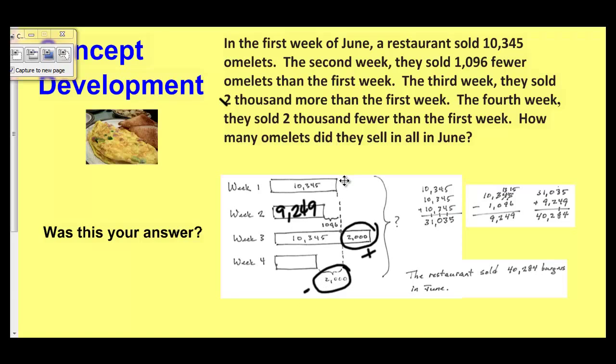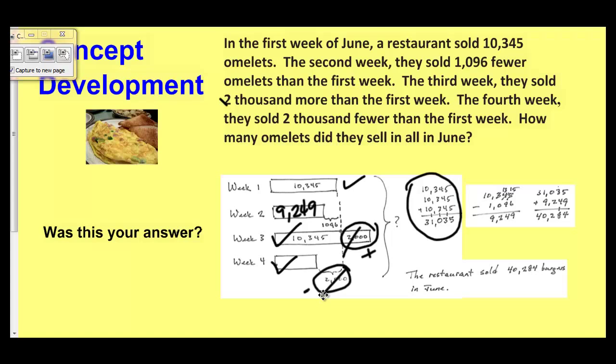So if I took 10,345 and added it here, and took 10,345 here, and then took this as 10,345, and added it 3 times, that would give me 31,035. And these two thousands cancel each other out.